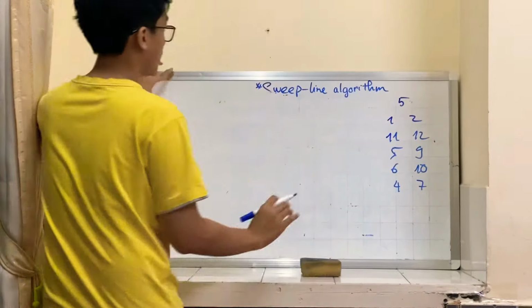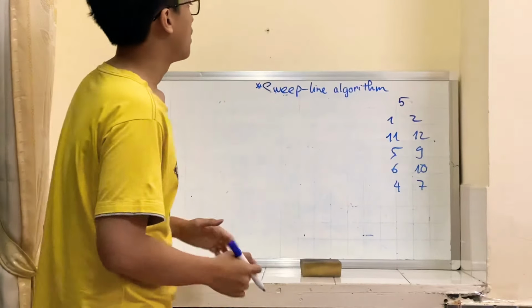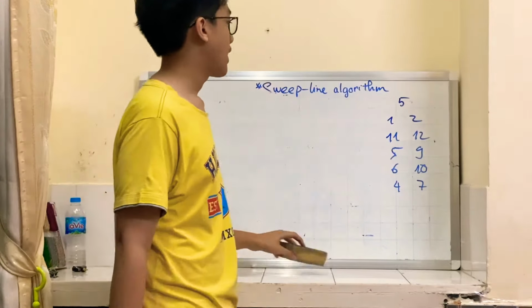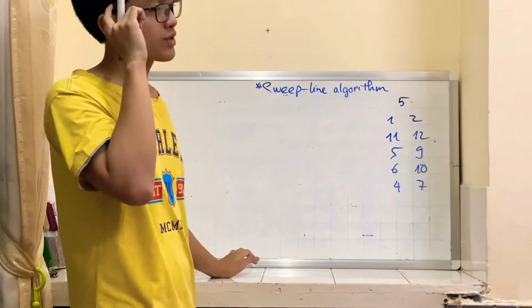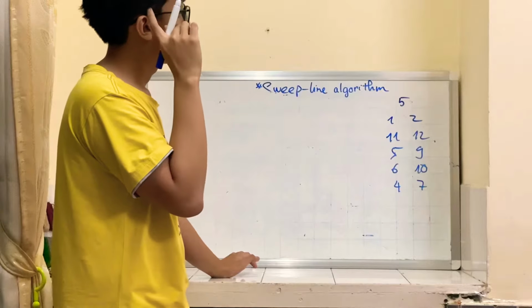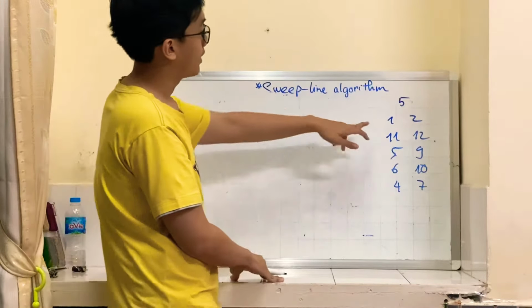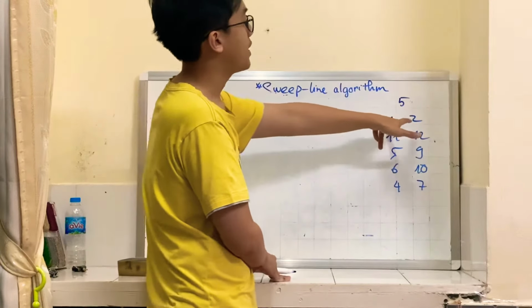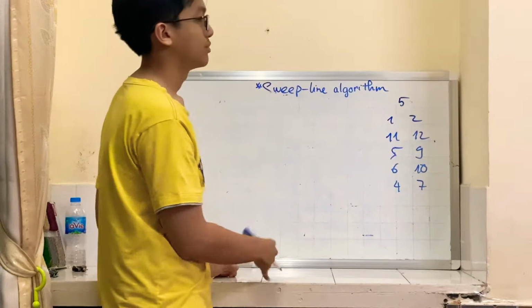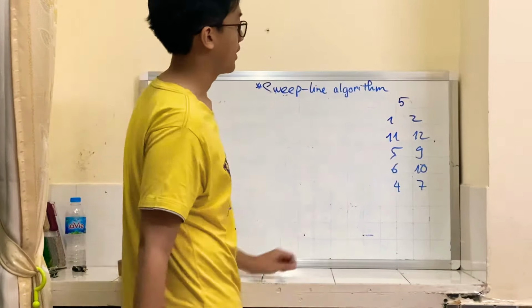First of all, for each line, we'll solve the problem the easy way, assuming the endpoints of the lines are pairwise different.